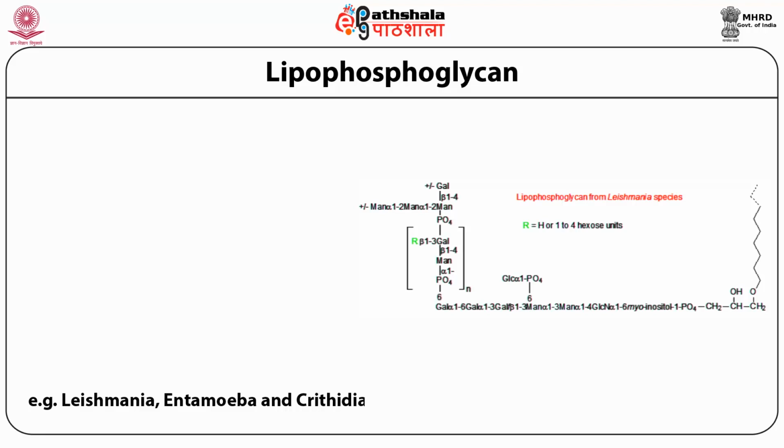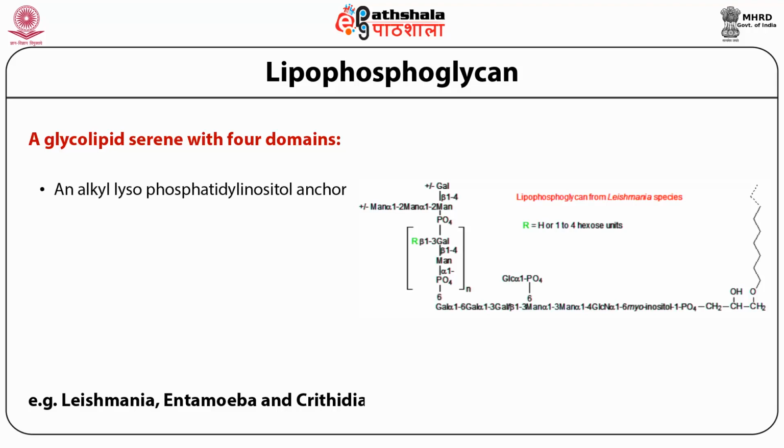This lipophosphoglycan is a glycolipid that consists of 4 domains. The first domain is an alkyl lysophosphatidylinositol.